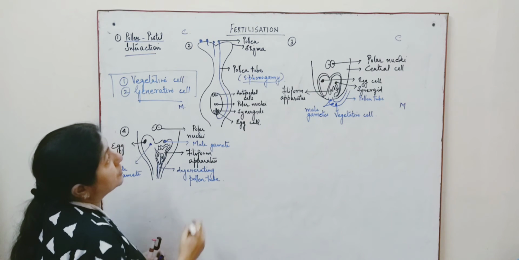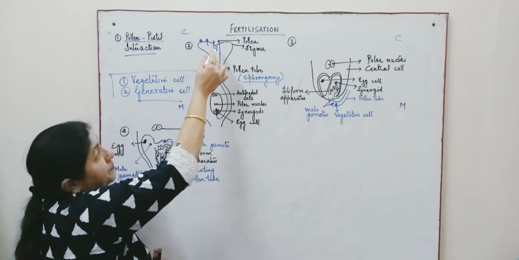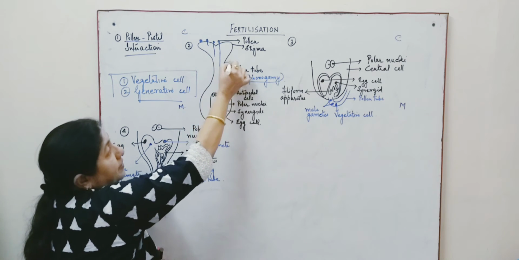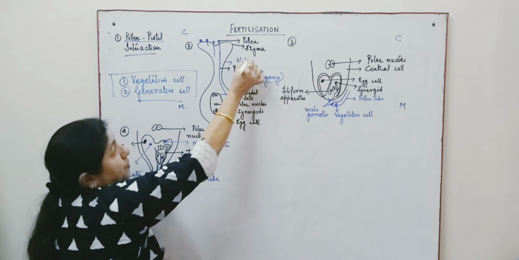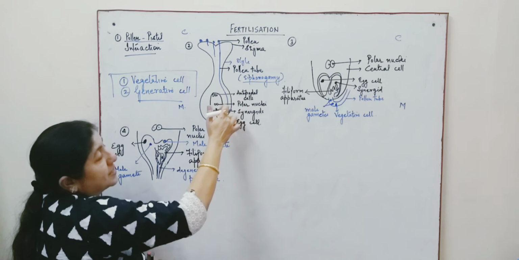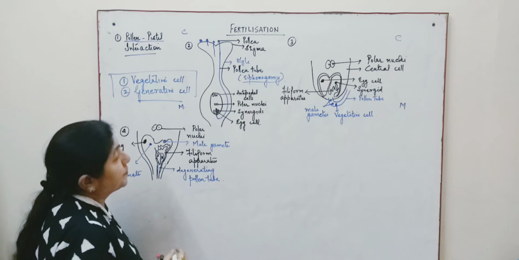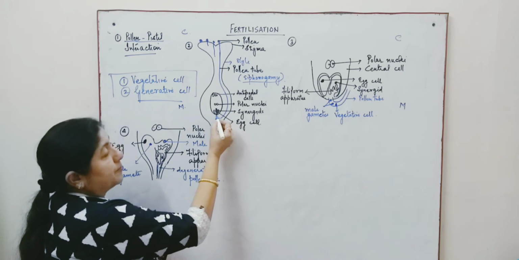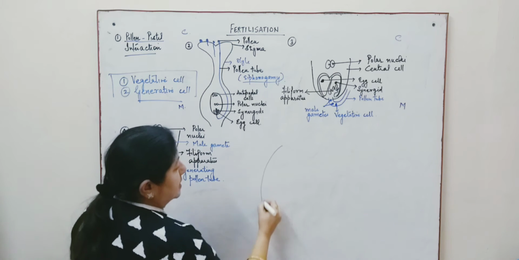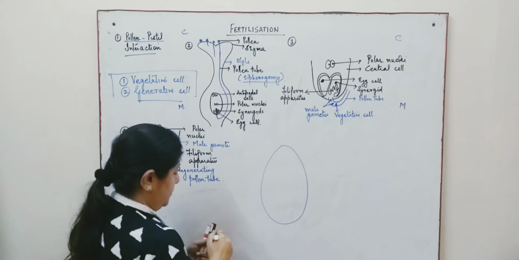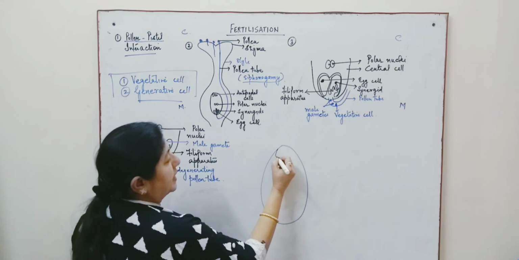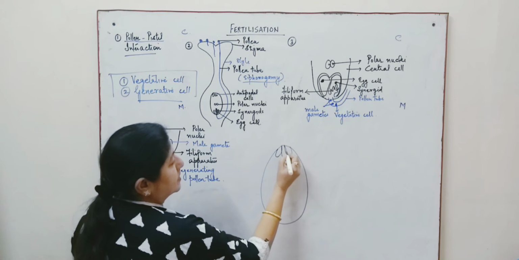When the pollen tube starts developing, it will develop along the style. This is the style over here. It will develop through the style, and it will move towards the embryo sac. Now, on reaching the embryo sac, we know the structure of the embryo sac, that it consists of the antipodal cells, three antipodal cells over here.